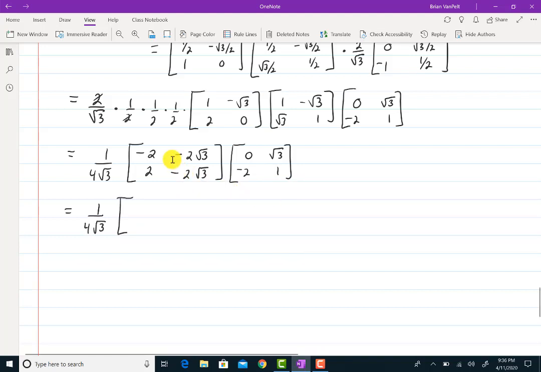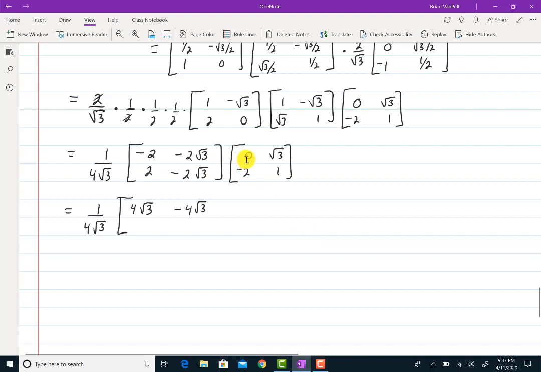All right, now I'll have negative 2 times 0, they disappear. Negative 2 radical 3 times negative 2 is 4 radical 3. That's a good thing because I knew I had a 1 in that spot. Next, I'm going to have negative 2 radical 3 minus 2 radical 3, so I get negative 4 radical 3, which is good. I had a negative 1 in that spot.